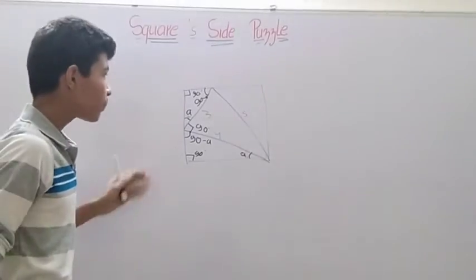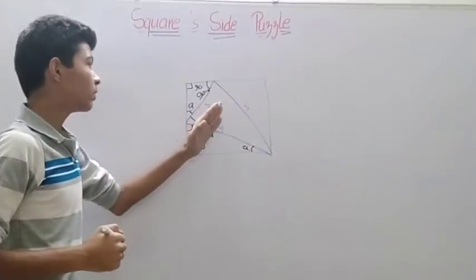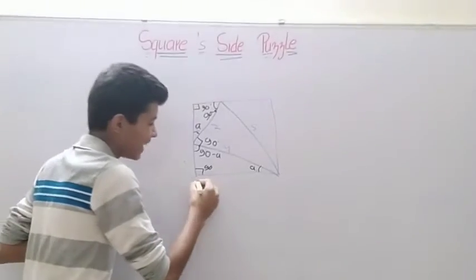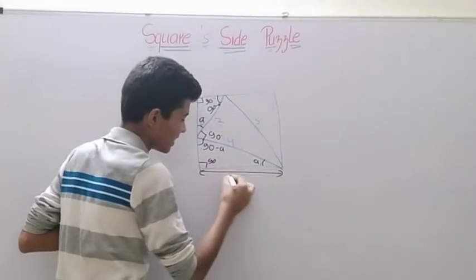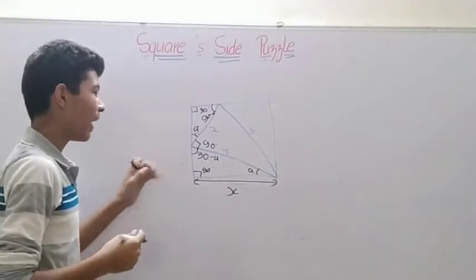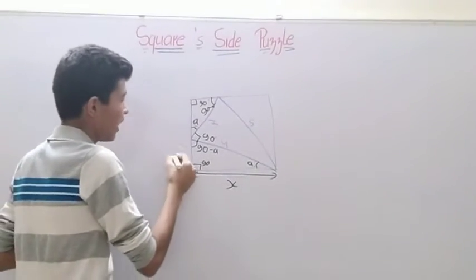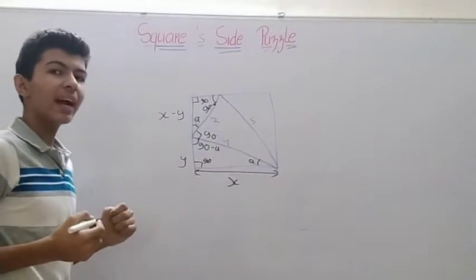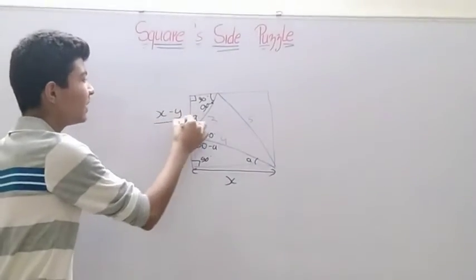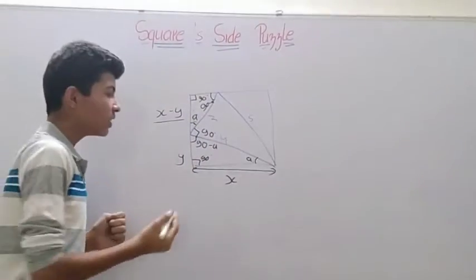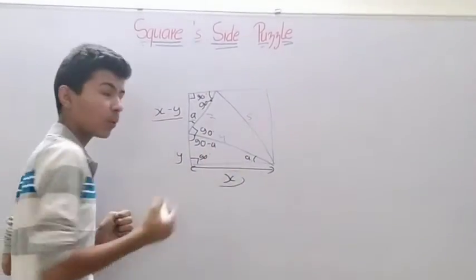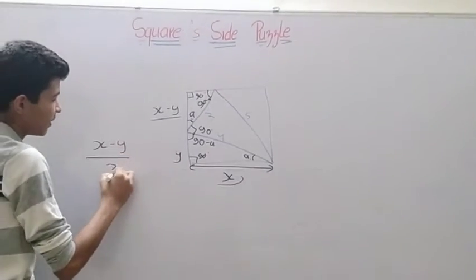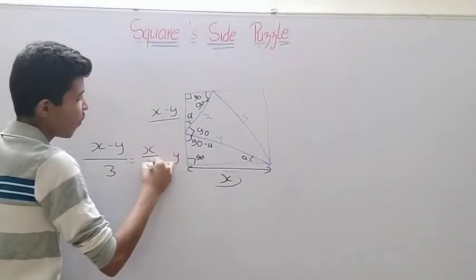Now let's take this side as x, name this side as y, and this would be nothing but x minus y. Friends, we know that this side by its hypotenuse would be equal to this side by its hypotenuse. So we can take this as (x minus y) divided by 3 is equal to x divided by 4.